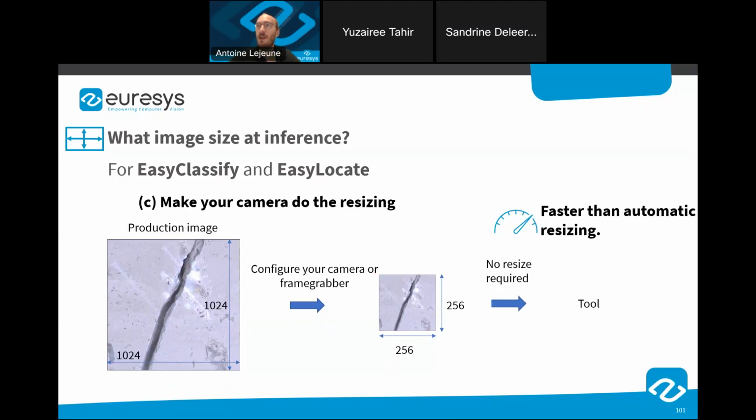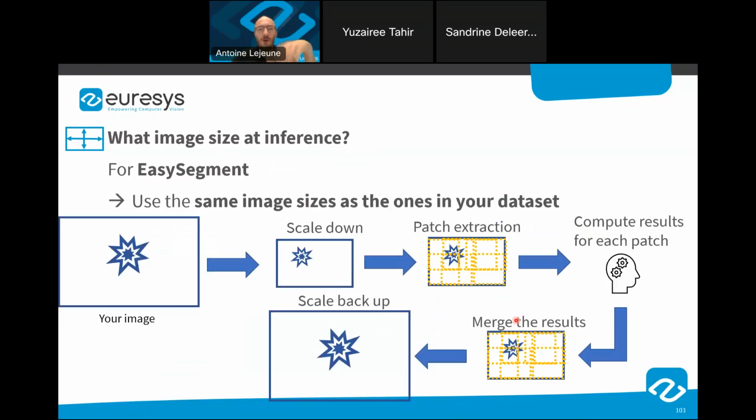In that way, you will get faster automatic resizing because it will not be the CPU or the GPU that will do it, and the GPU can concentrate on running the neural network. For EasySegment, the flowchart is the same at inference time, so we'll use the same image size as the one you have in your dataset.